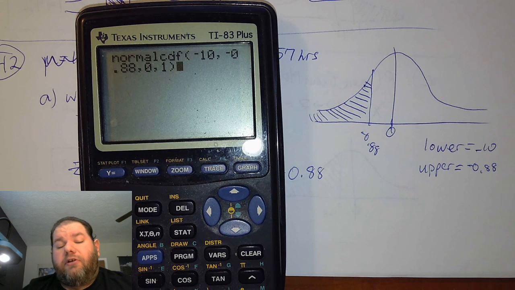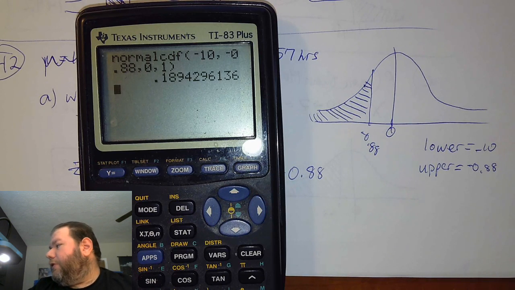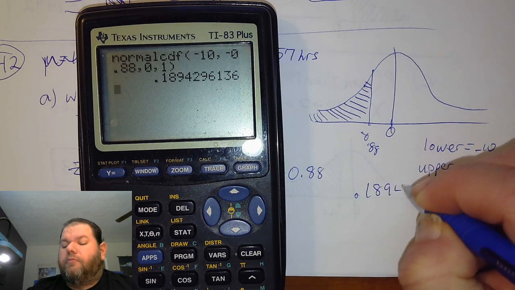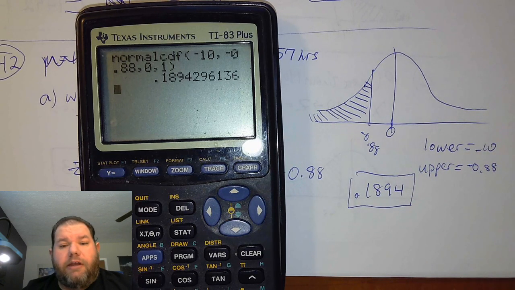Now the mean and the standard deviation are different here because we went to a standard normal score with the z rather than leaving it as an x. We press enter and we get a probability or a proportion of 0.1894. So about 19% of the light bulbs will last less than the advertised time of 1500 hours.